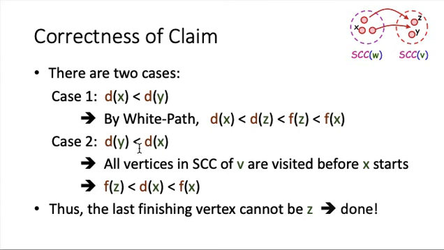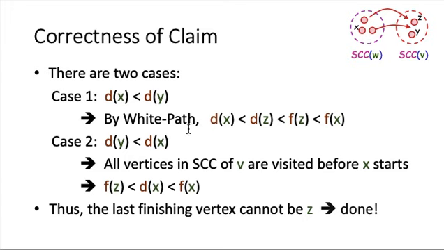And then the other case: this time Y is visited first. Then what will happen? Because the SCC of V and the SCC of W are different, all the vertices of this SCC V have to be visited before the SCC of W can be visited. Otherwise, that would mean that we have a cycle, and these two SCCs should be the same, since they would all be mutually reachable. So that cannot happen.